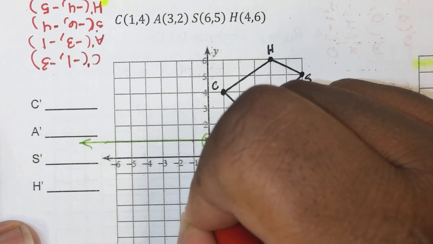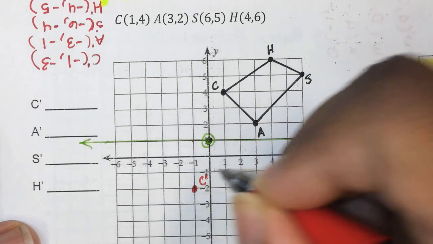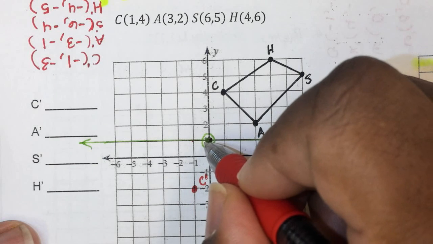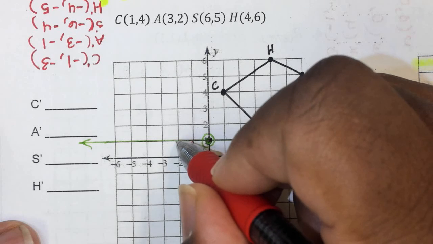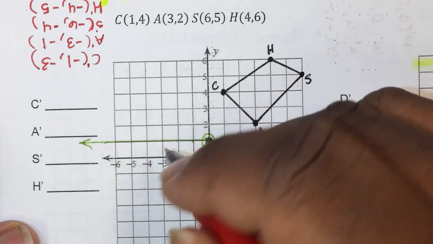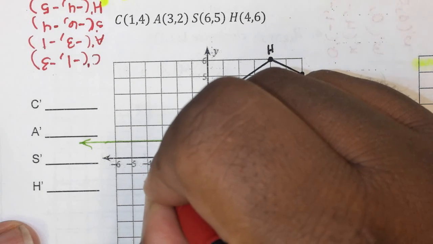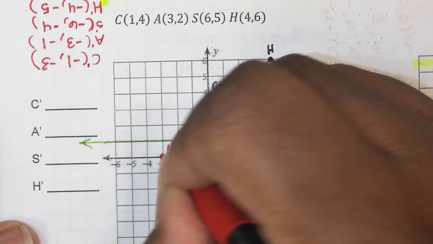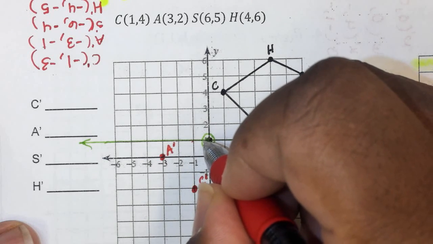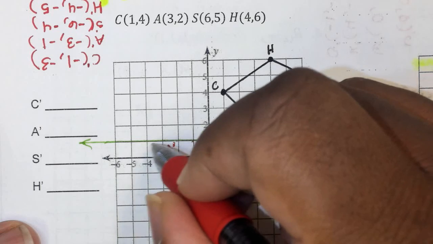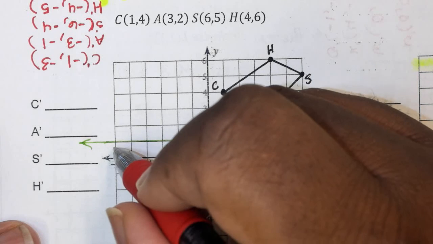Here, I'm going to call this C prime. A, he said -3, -1. So from the center of rotation, -1, 2, 3, down -1. A prime. S prime, he said -6, -4.